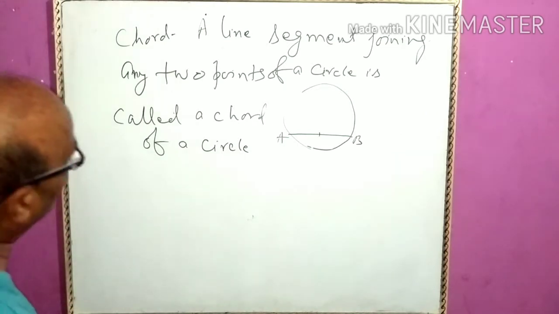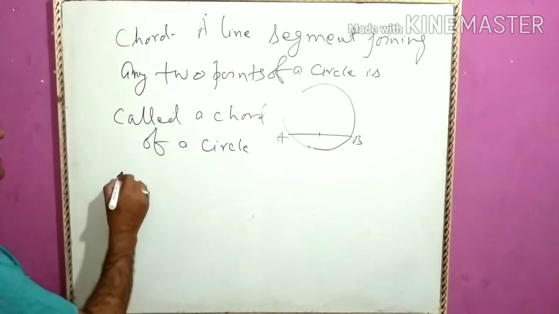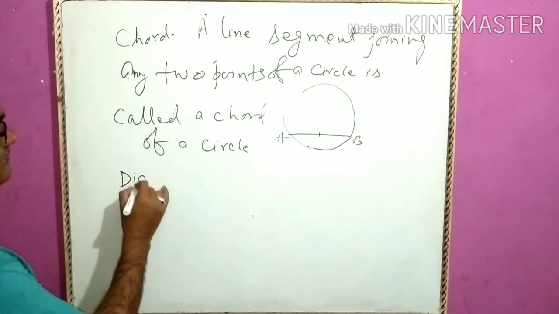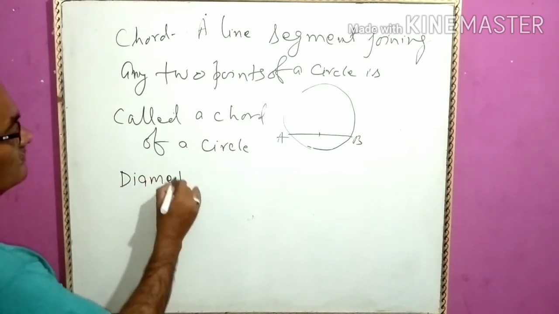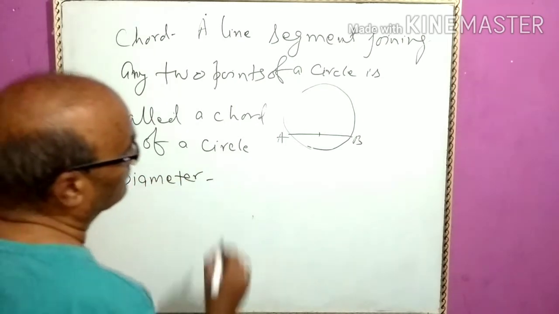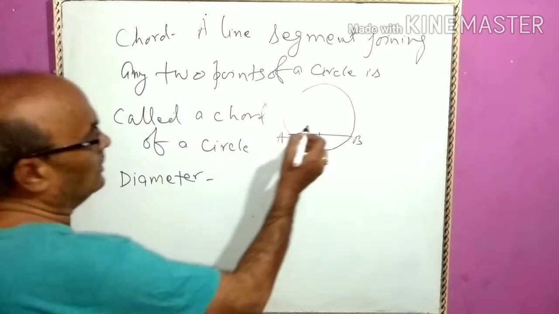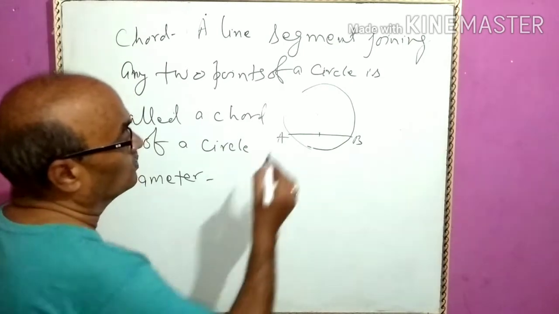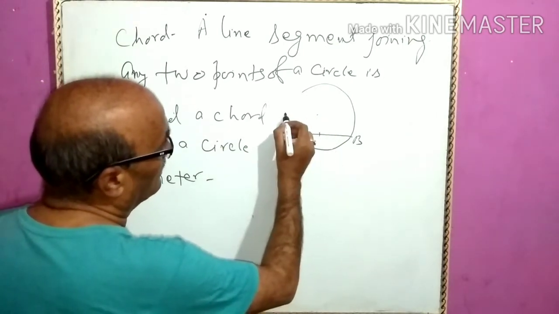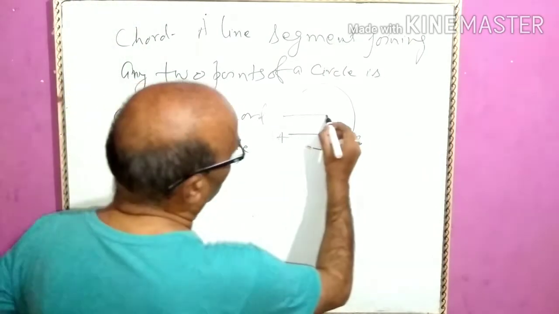Now the other term is diameter. Okay, diameter is also a chord, but it passes through the center.